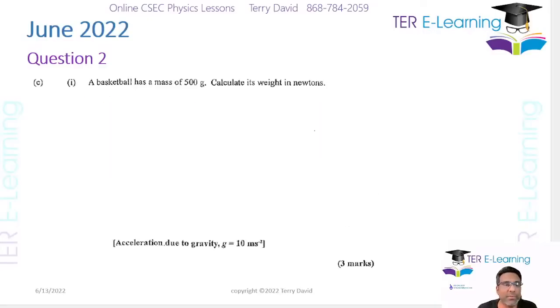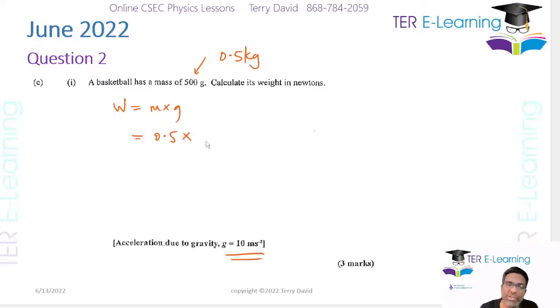The next part here now, they want to know a basketball has a mass of 500 grams, calculate the weight. This is like a baby question. Weight is given by m by g, but the mass has to be in kilograms. So 500 grams is actually 0.5 kilograms. So this is 0.5 multiplied by g.